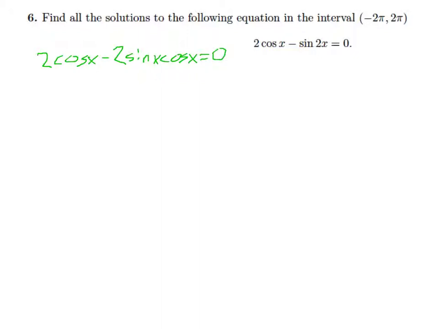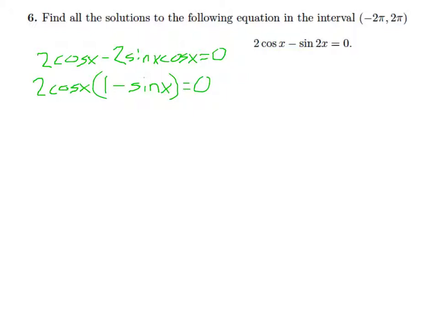So now we want to get common factors pulled out so we can somehow find a solution. So it looks like we have a cosine in each part, so let's factor out a cosine, or perhaps a 2 cosine even. So doing that, we'll have 1 minus sine of x, all equal to 0.